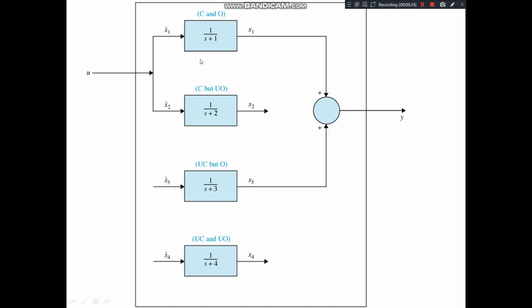For controllability, in the first case, this u is related to x1 through 1 upon s plus 1, so we have control, and we can control this x1 with the help of u, therefore this system is controllable. This y is connected to x1, therefore it is also observable, that means we can measure the state variable x1. So the first system is controllable as well as observable.